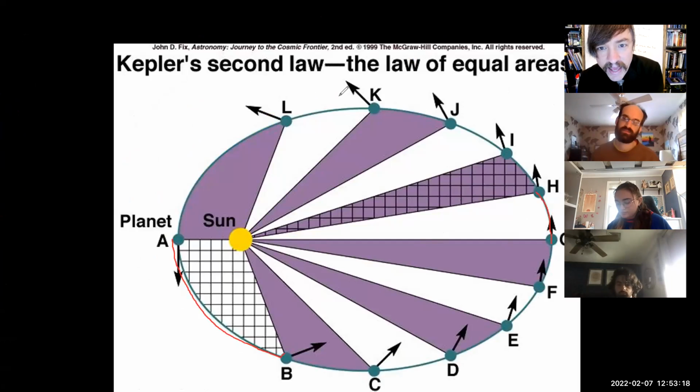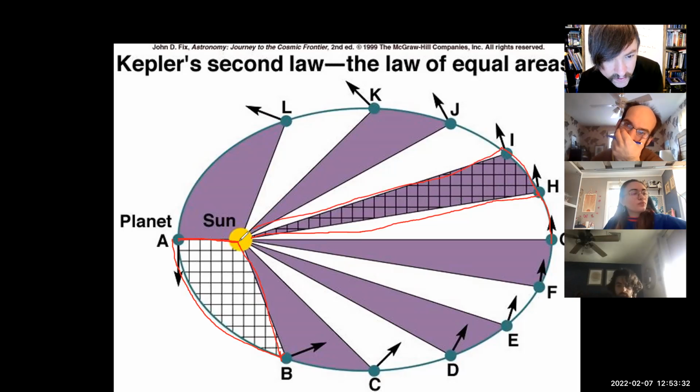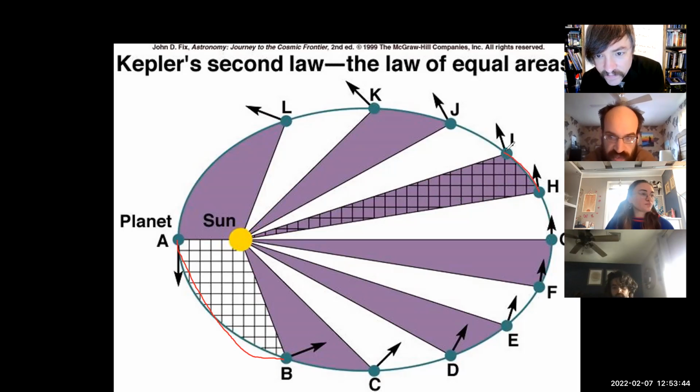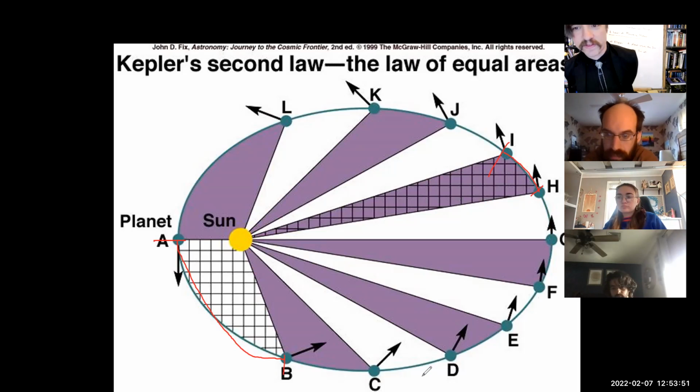But that if he created a line that connected the planet to the sun, and he measured the area of the little triangle that they swept out, that the area in this short skinny triangle would be equal to the area of this short squat triangle, so that if the planet traveled from A to B within 2 months, but then later on in a 2-month period traveled from H to I, you can see that the distance traveled in 2 months is not the same when it's close to the sun versus far from the sun.